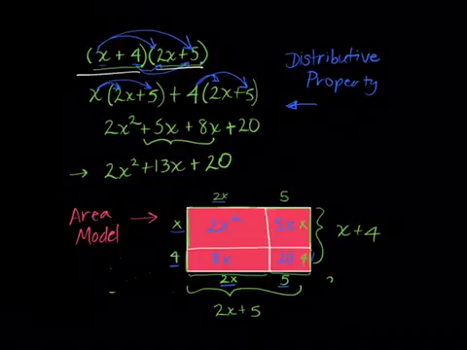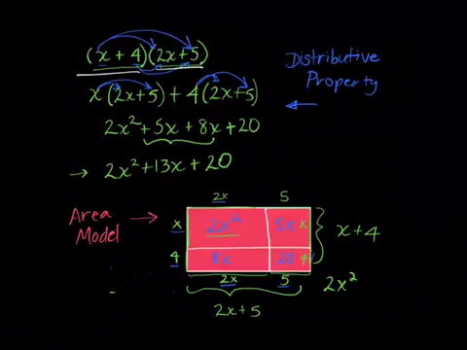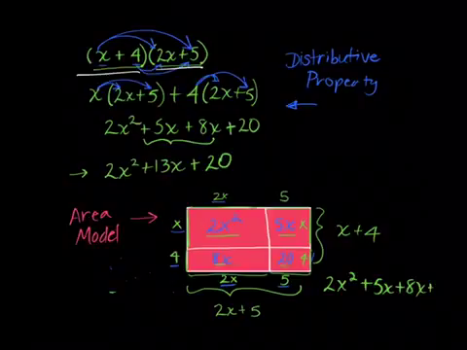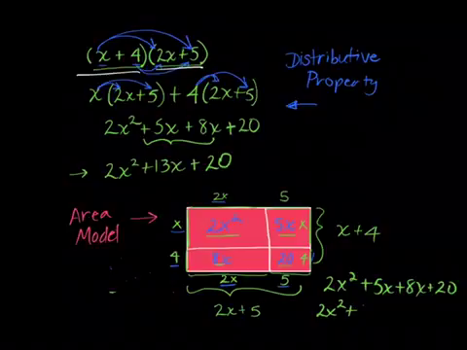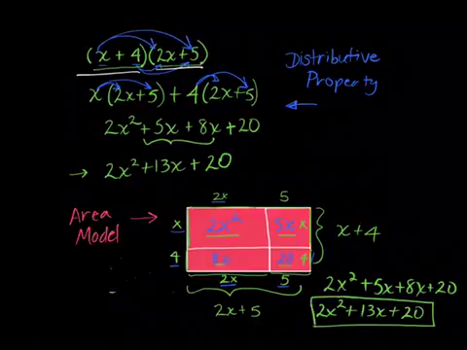And so we end up with 2x squared plus 5x plus 8x plus 20. Combining like terms, we have 2x squared plus 13x plus 20, which is the same result that we got using the distributive property.